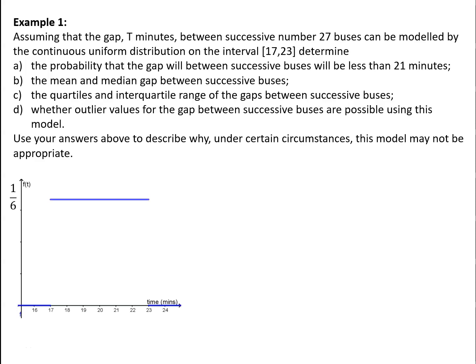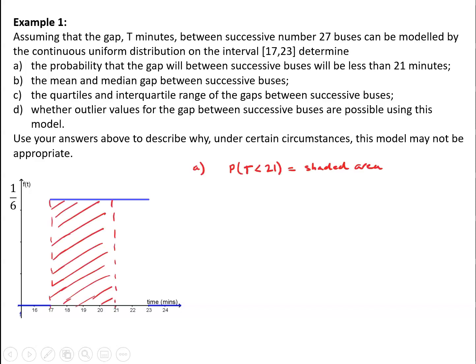So here's the probability density function for capital T again. The first thing we're trying to work out is the probability that the gap between successive buses will be less than 21 minutes, and that is the shaded area. That's nice and easy to work out because the base of this rectangle has width 4, the height of the rectangle is 1/6, so we've got 4 times a sixth, which is 2/3.